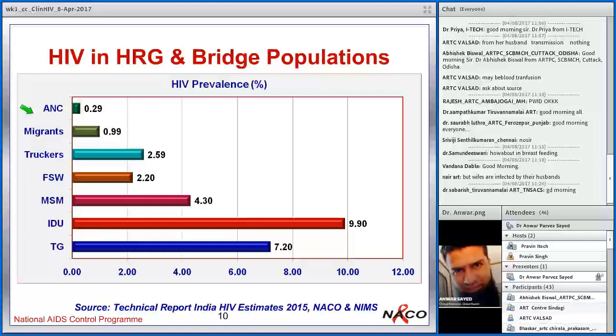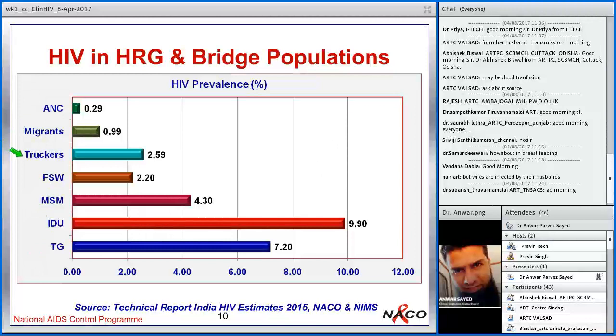There are some specific groups of people who are considered high risk groups, or KPs, key populations. ANC, that is antenatal clinic or antenatal mothers, are representative of the general population because they are not ill and still they go to the hospital, an easier population to test for HIV. So ANC represents the prevalence of HIV in the general population. Female sex workers, MSM, IDU and transgenders are high risk groups.